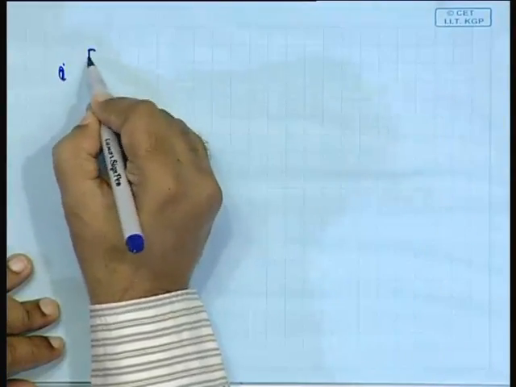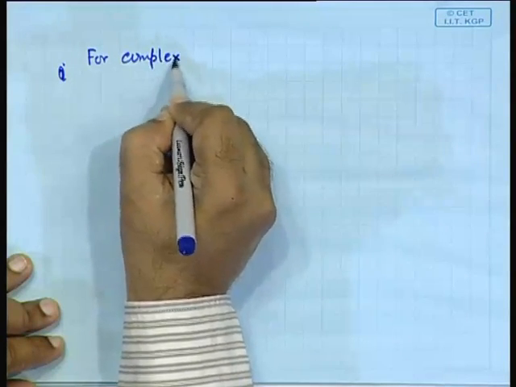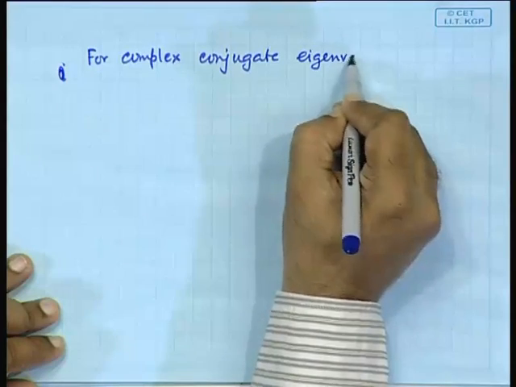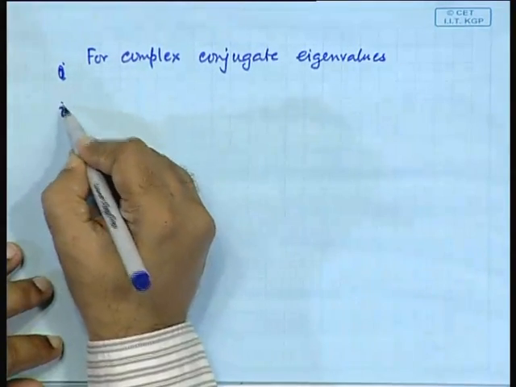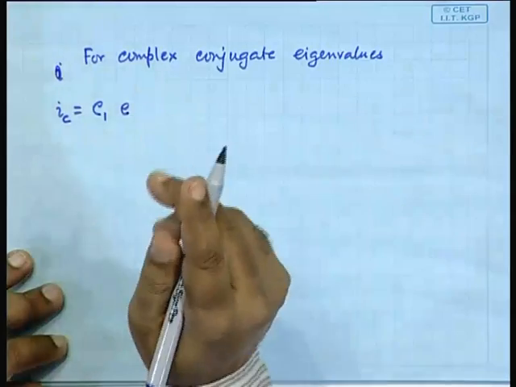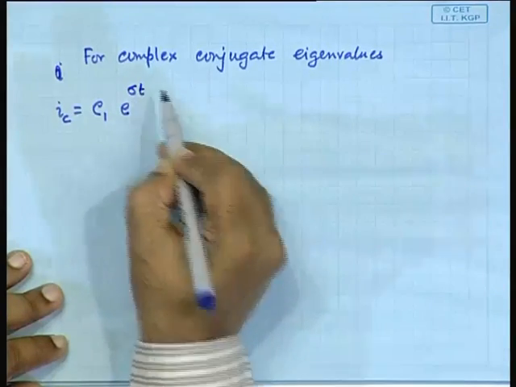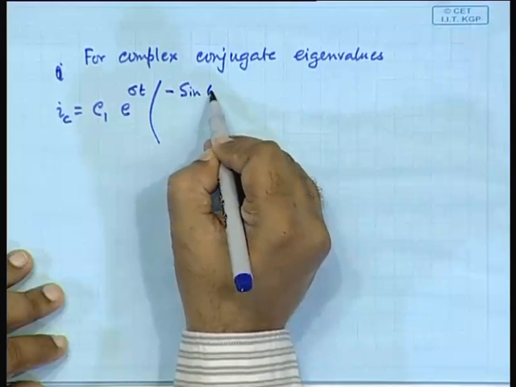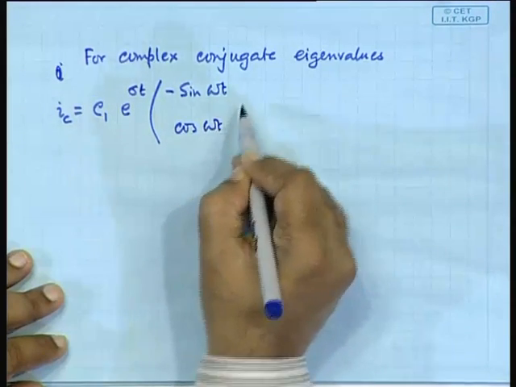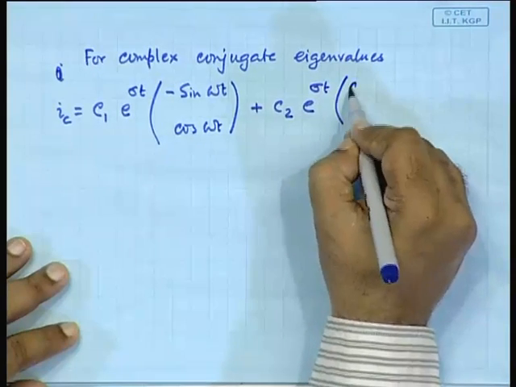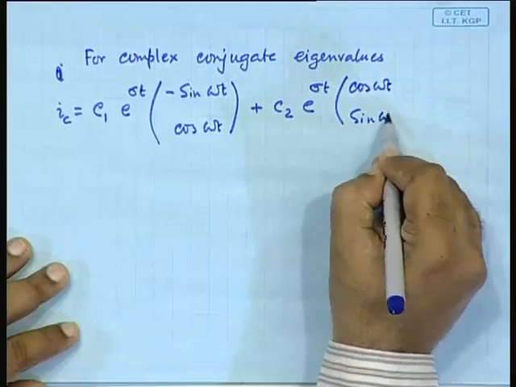If the eigenvalues are complex conjugate, you have I c is C 1 e to the power, in this case it would be the real part sigma t, times minus sin omega t cos omega t, and C 2 e to the power sigma t, cos omega t sin omega t.